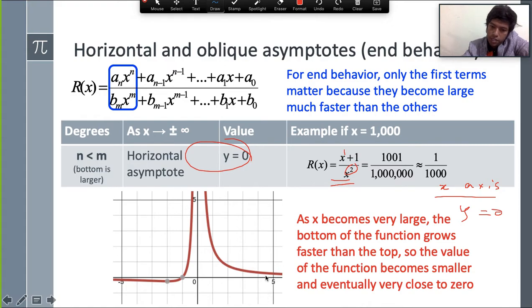Okay, and you can see the graph coming closer to this x-axis, and here also the graph is coming closer to the x-axis. You can say, sir, the graph crossed it here, and yes, this can happen if you start plugging in values. But again, the graph started coming closer to that line. It crossed, but again it comes back.